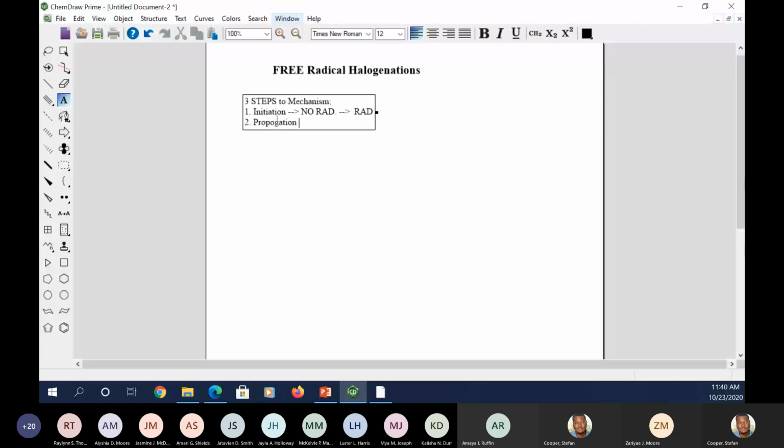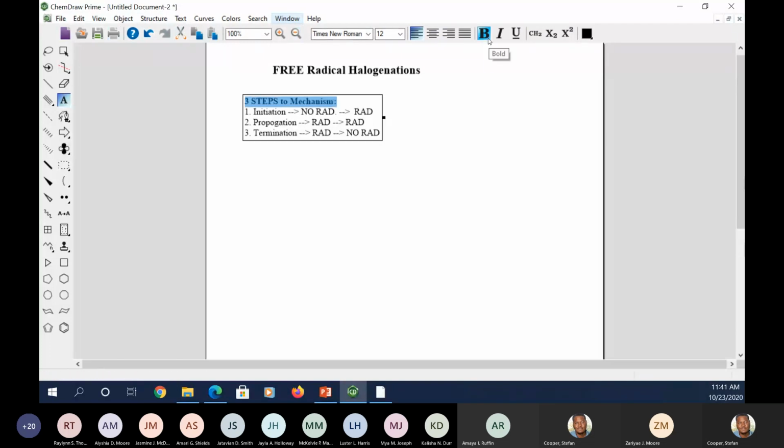Propagation. Radical to radical. I have a radical, and I'm also going to have a radical in the product. So I start with a radical reactant, and I end with a radical product. What's going on in my termination step? Radical to no radical. I start with a radical, but I end with no radical, all right? Be ready to identify these steps, all right?